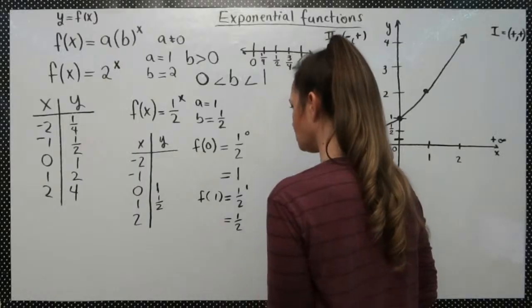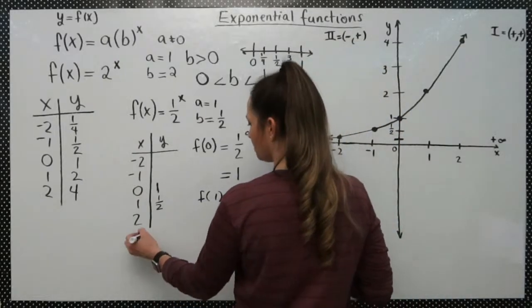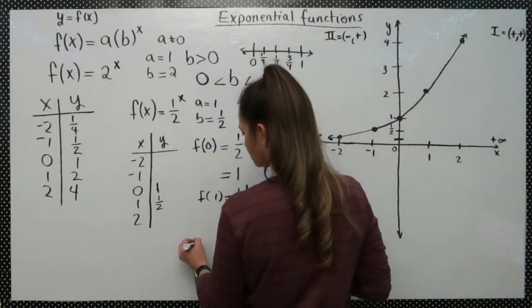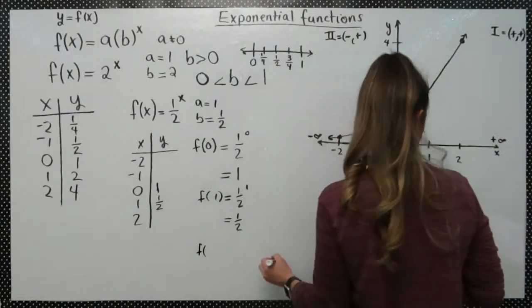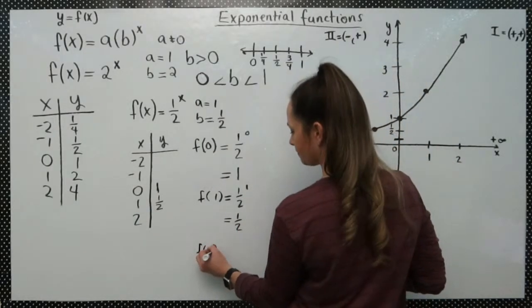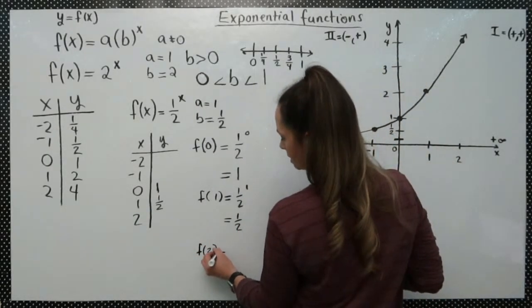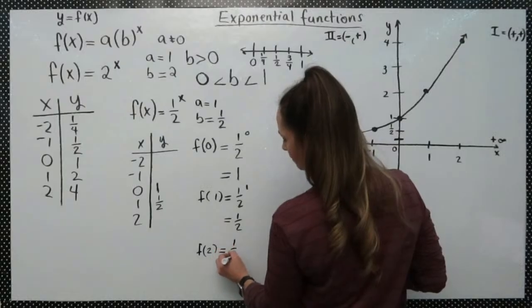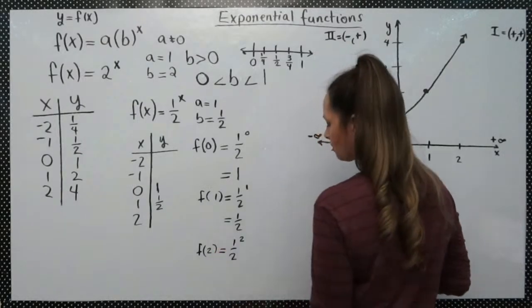And then the other positive number we have picked in our domain is 2. So we'll say f of 2. And we're going to raise 1/2 to the second power.